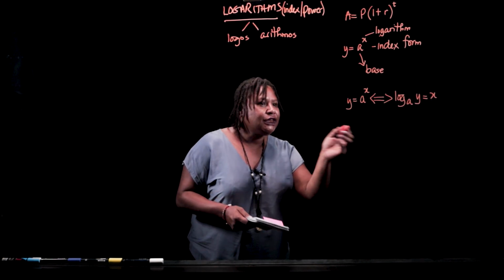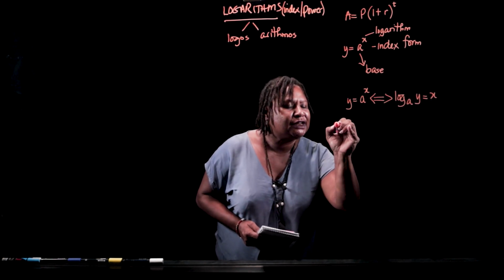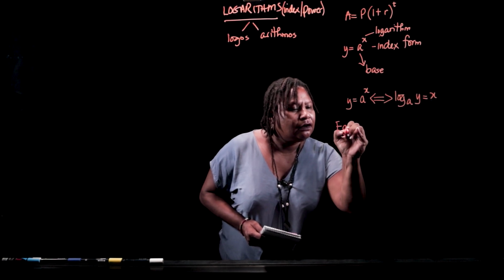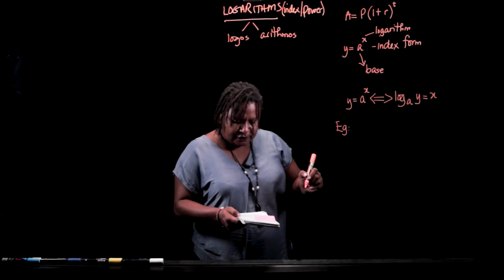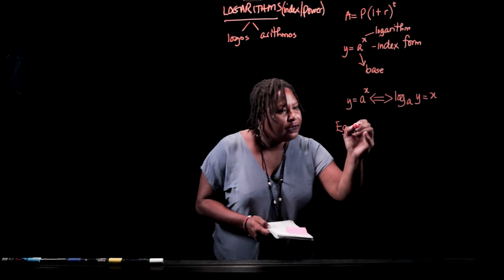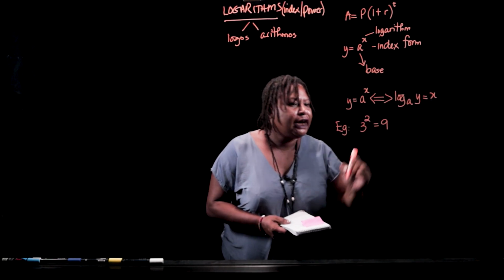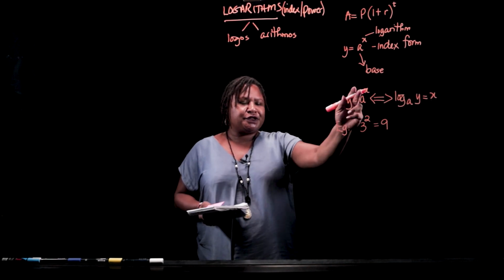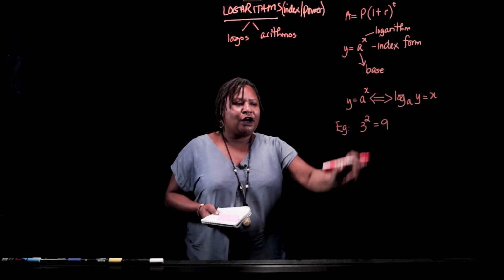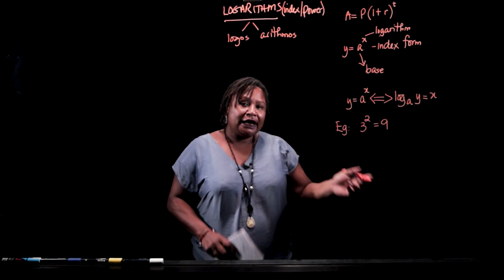Now, let's use a couple of numbers here to see how this works. Let's see, 3 to the power of 2 is equal to 9. That's correct. Yes, 3 squared is equal to 9. Now, let's write this as a logarithm.